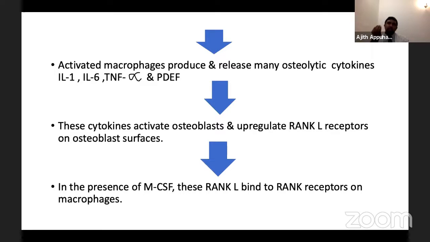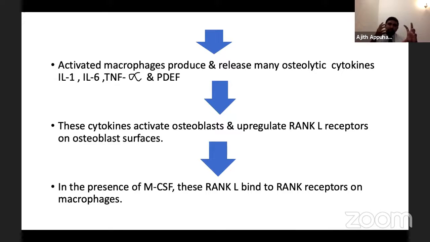These activated macrophages produce and release many osteolytic cytokines such as interleukin-1, interleukin-6, tumor necrosis factor alpha, and platelet-derived growth factor. These cytokines activate osteoblasts around the bone and upregulate the RANK ligand on the osteoblast surface.